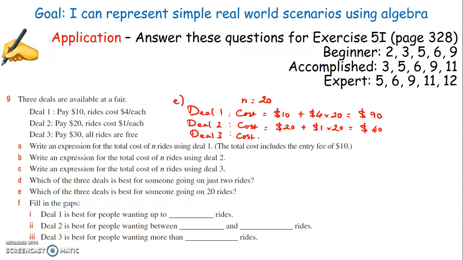And then finally we have deal number 3, and that's just going to cost us $30 entry fee there. So we can see here that the best deal is deal number 3 in this case. Okay, so you can see that our decision would change as the number of rides changes.